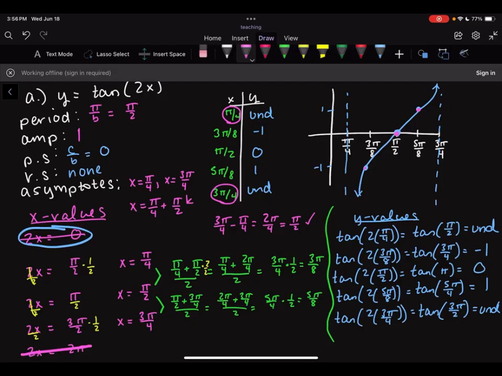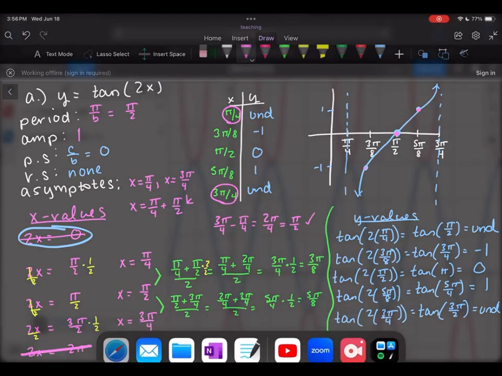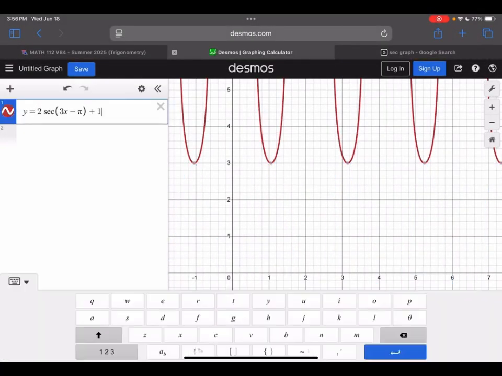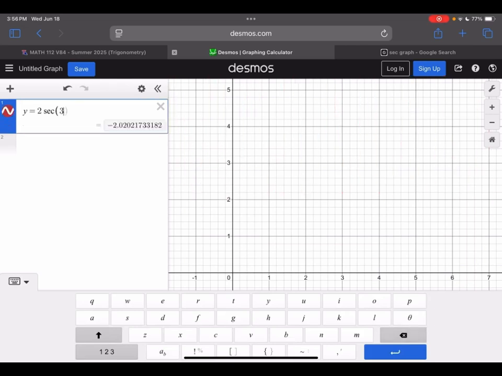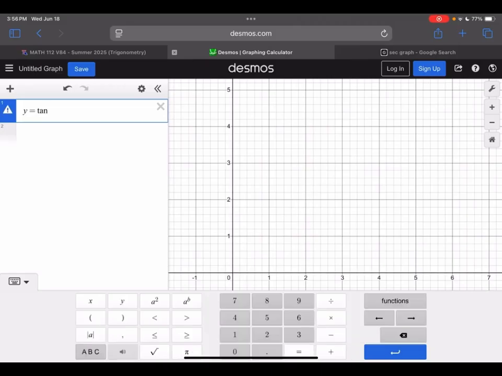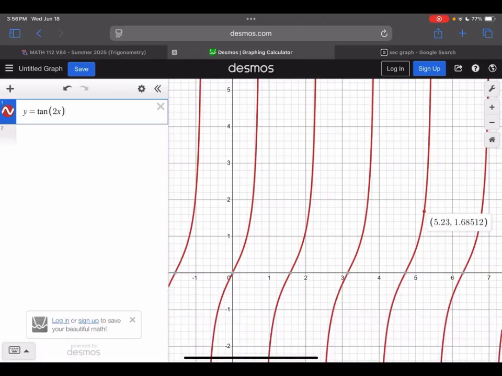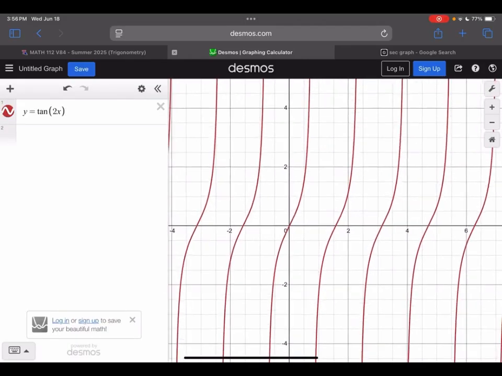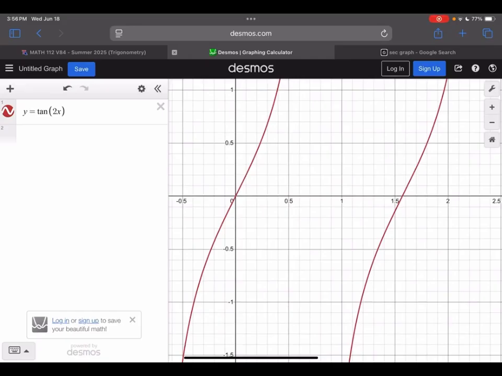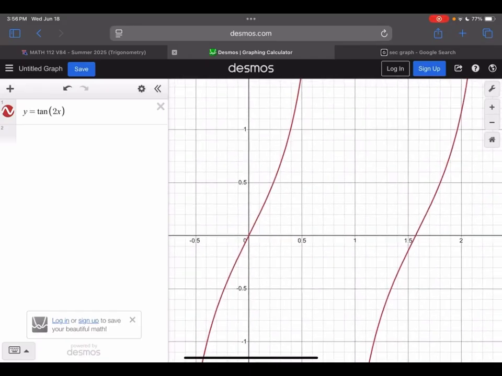And I want to show you this one on Desmos just to give you an idea what it looks like if you draw it real nice. So tangent 2x. Let me zoom out. So you can kind of see that shape in there of what we're seeing.